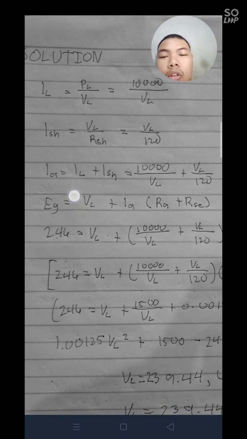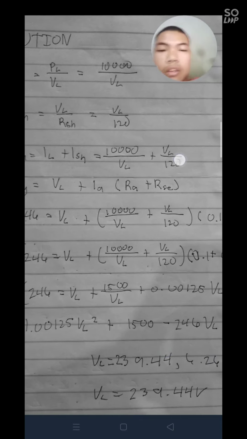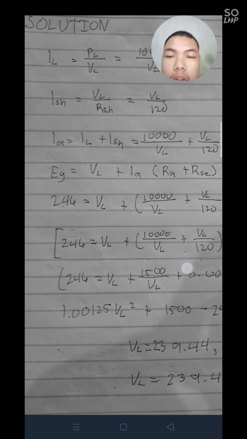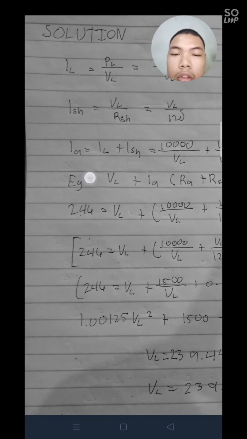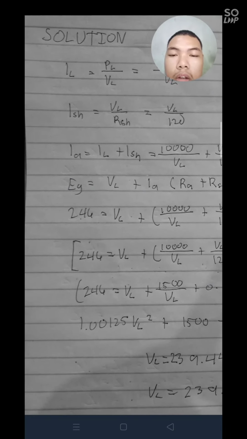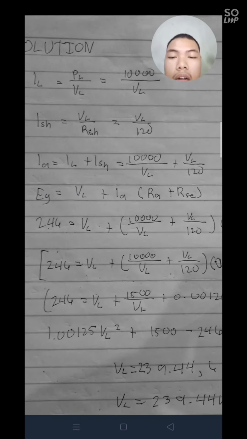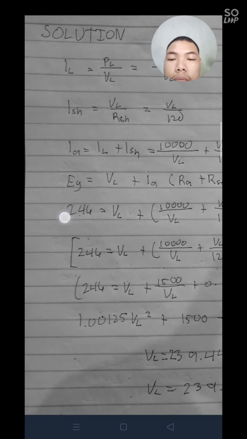So IA is equal to IL plus ISH, so substitute: 10,000 over VL plus VL over 120. So let's go to the next formula. The next formula is EG equals VL plus IA times RA plus RSE.